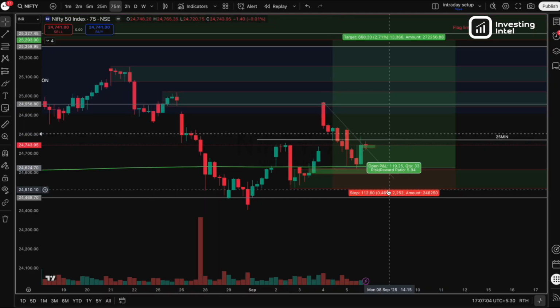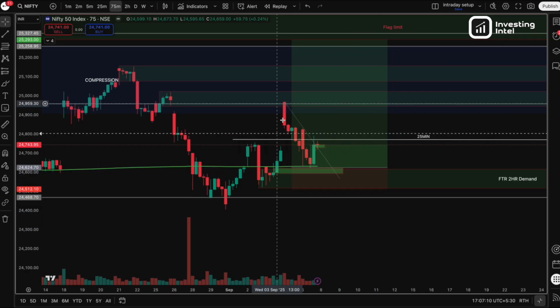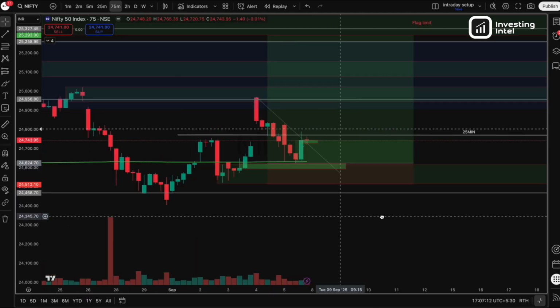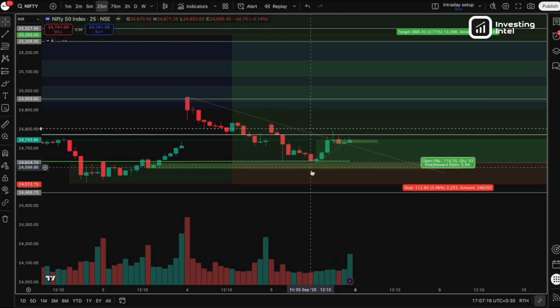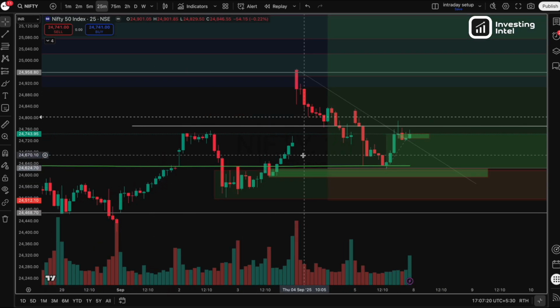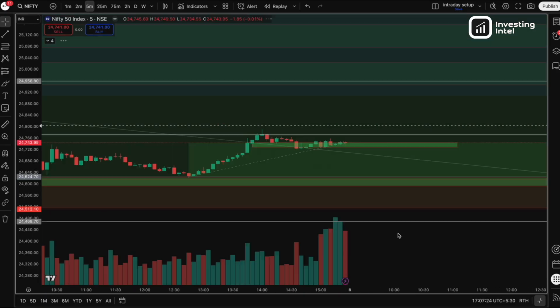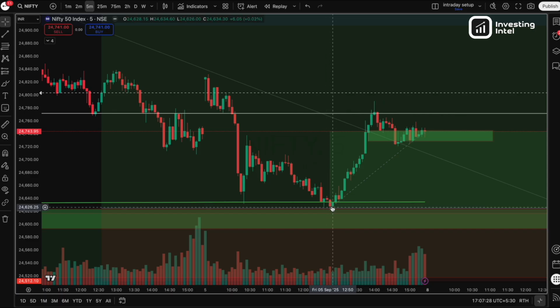After supply, liquidity was created again at this demand zone, and when price came here, we saw strong support, and a demand zone was also there. So at the 5 minute time frame, we took position here.